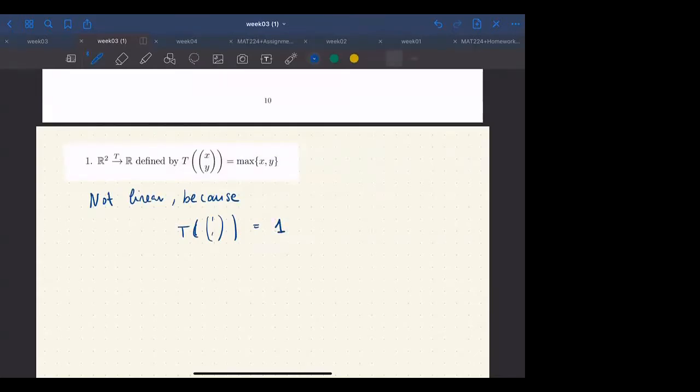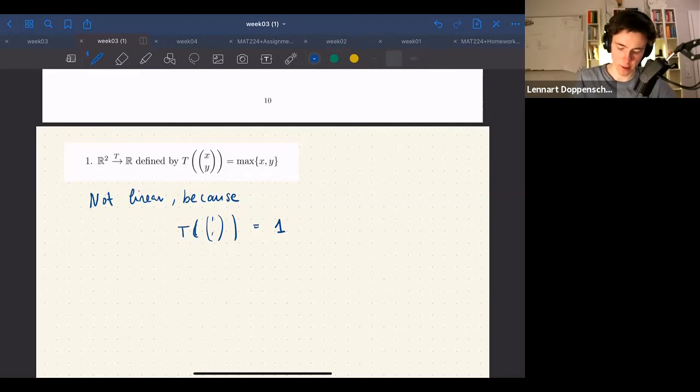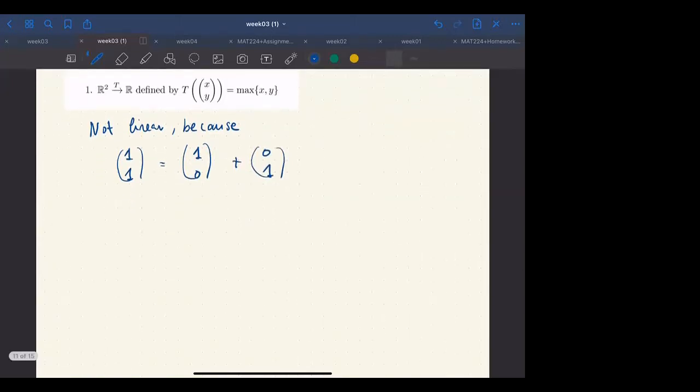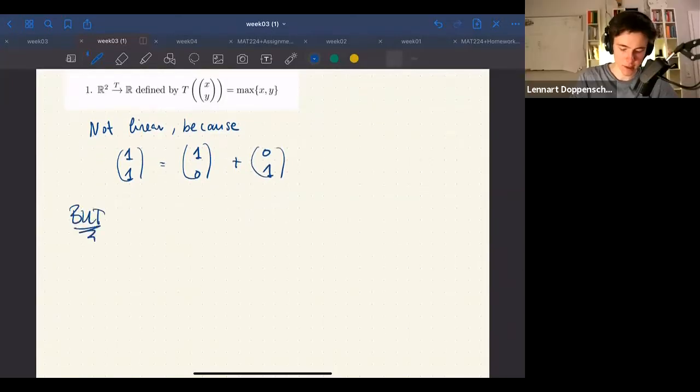And then if you take t of (1, 0) and t of (0, 1), and that is not equal to t of (1, 1). So you're saying that (1, 1) can be written as (1, 0) plus (0, 1). Yeah. And now comes the but. There's a problem because t of (1, 1).